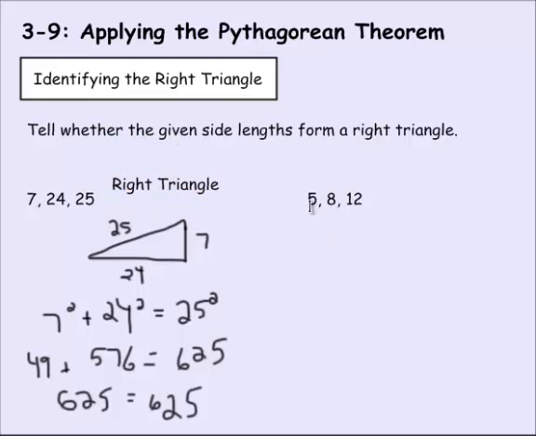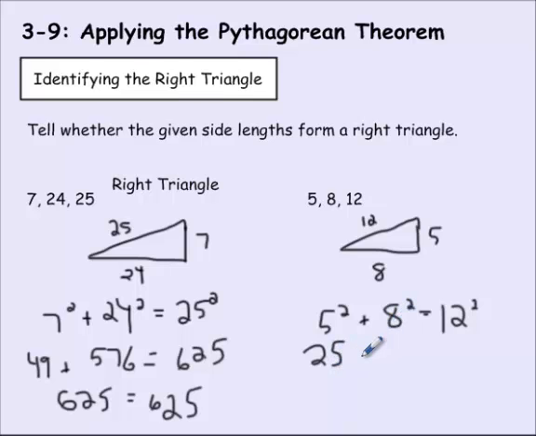How about this one now? We have 5, 8, and 12. So if you need to draw that triangle, that's just fine. We would have 5 for the short side, 8 for the other short side, and then 12 for the long side. So 5 squared plus 8 squared equals long side 12 squared. So 5 squared is 25. 8 squared is 64.